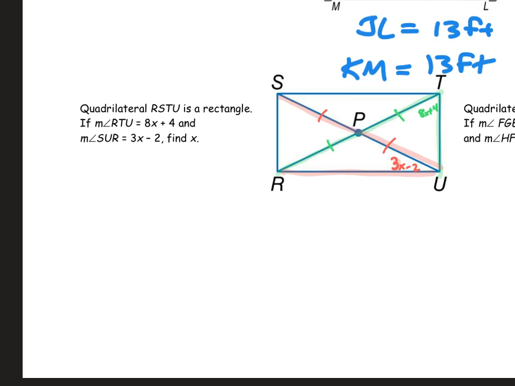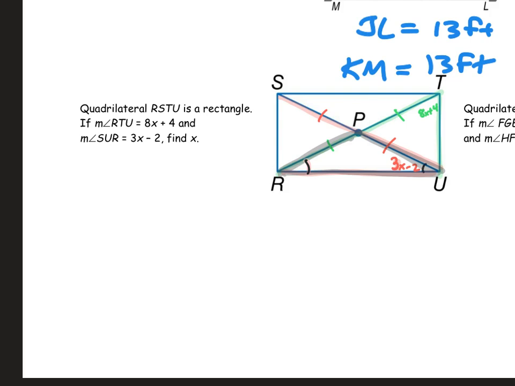I know you probably can't see it, but this guy right here, triangle RPU, is isosceles. So if that is an isosceles triangle, then that means that this angle PRU is congruent to this angle, PUR.